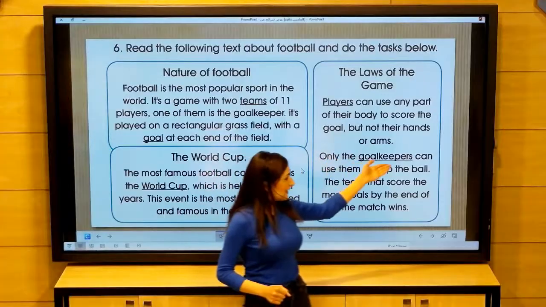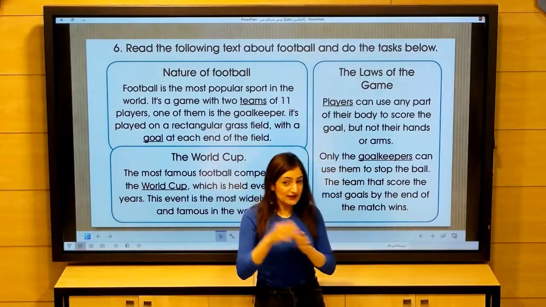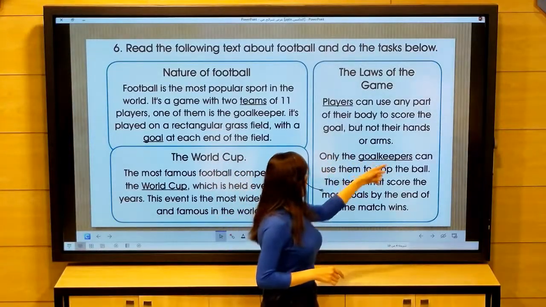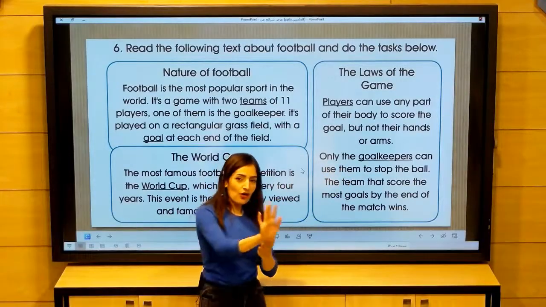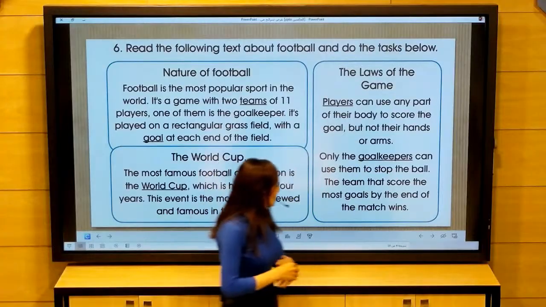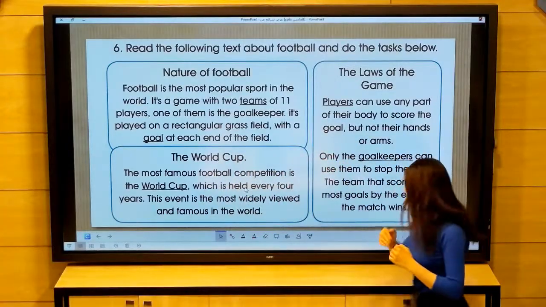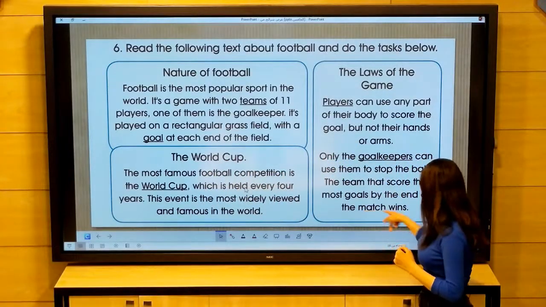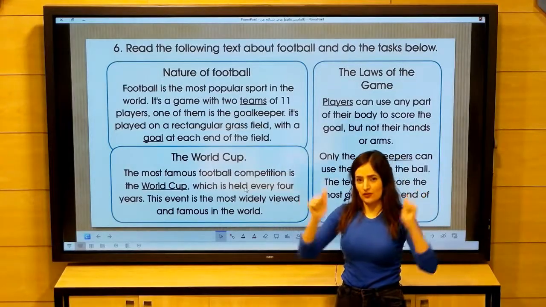Only the goalkeeper, not the player, can use them to stop the ball. The team that scores the most goals at the end of the match wins.